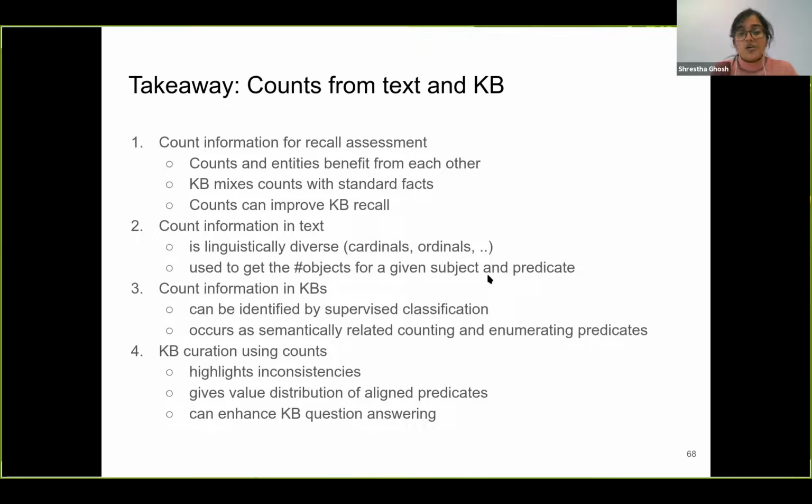We saw how count information occurs in knowledge bases, how we can identify the 2 variants and also align them, and how these counts can finally be used for knowledge base curation by either highlighting inconsistencies or incompleteness, or for enhancing knowledge base question answering.